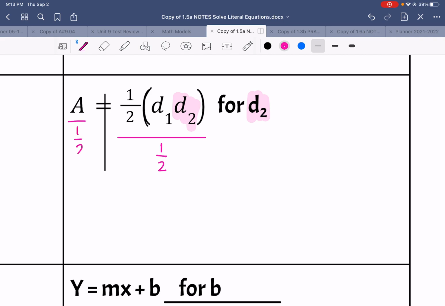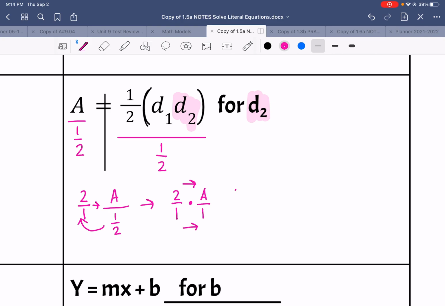Well, whenever I divide by a fraction, guys, okay, so I have A divided by 1/2. When you have a fraction on the bottom, or really anytime you have a fraction in a division, you're going to take that 1/2 and turn it upside down. So 2/1. And then you just multiply straight across. So, for instance, if this is 2/1 and I want to multiply to A, which is the same thing as A/1, I just multiply straight across.